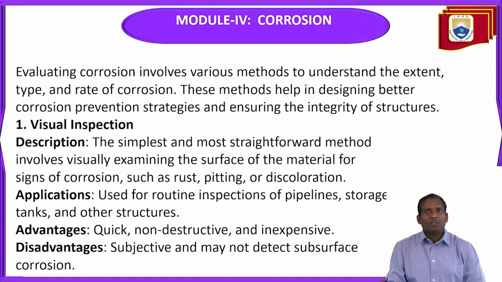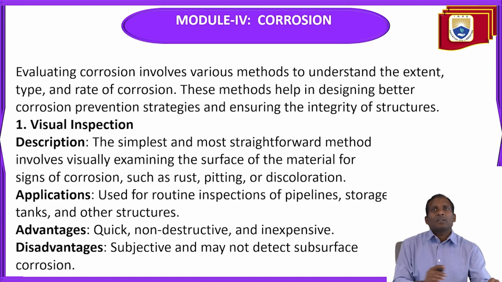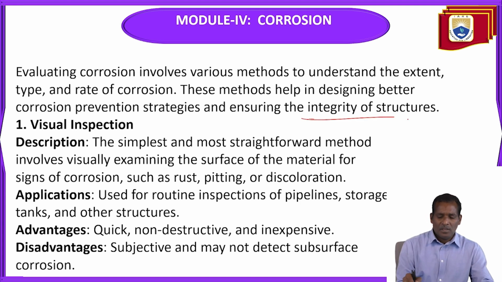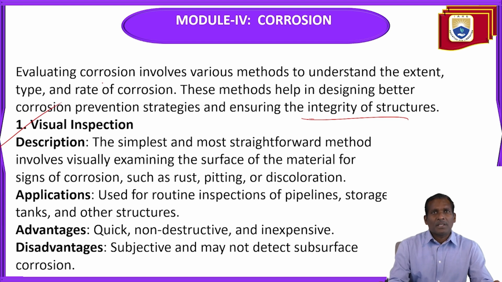Next, evaluating corrosion involves various methods to understand the extent, type and rate of corrosion. These methods help in designing better corrosion prevention strategies and ensuring the integrity of structures. Next, visual inspection.